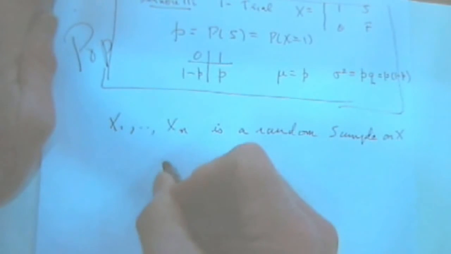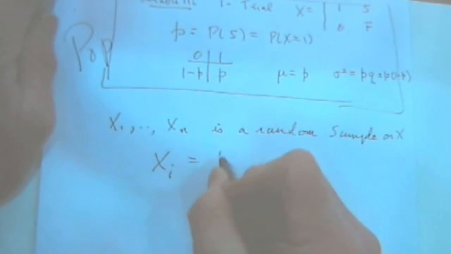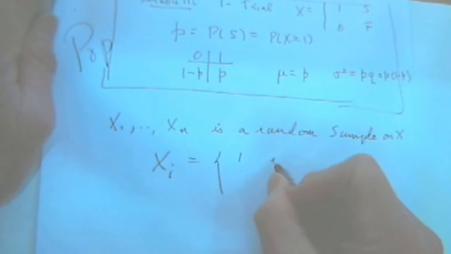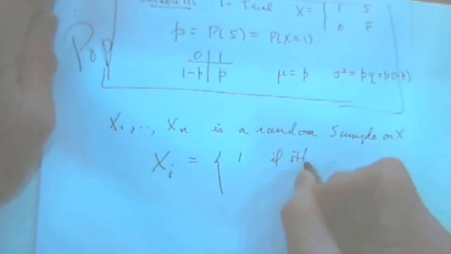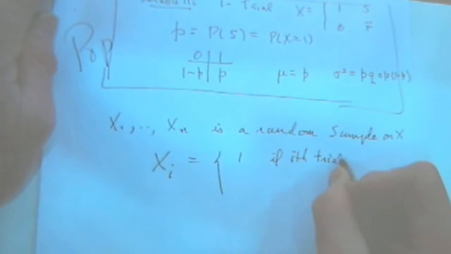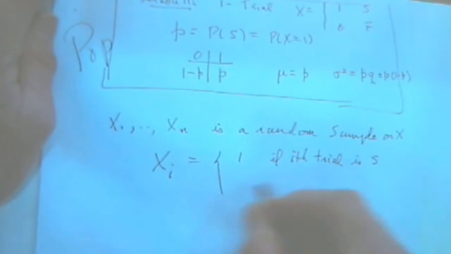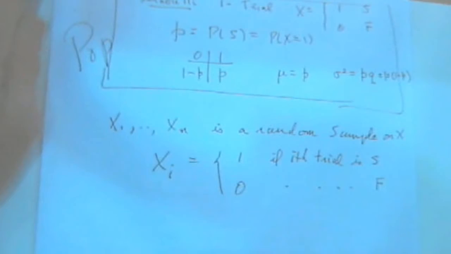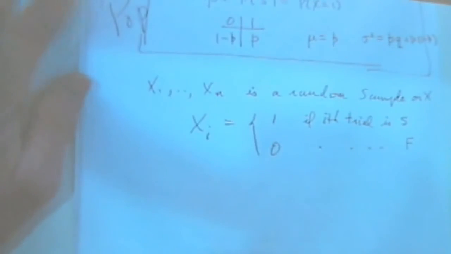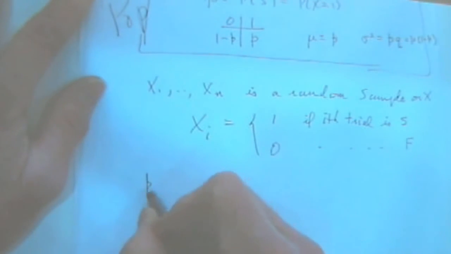So what does this mean? Well, it's a very simple one. X of i is 1 if the i-th trial is a success, and 0 if it's a failure. And p is the unknown, so here's our estimate, right?